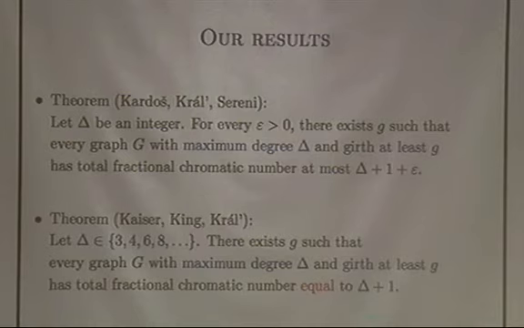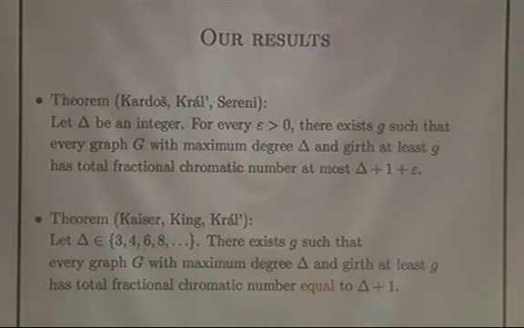We know it cannot be below delta plus 1, but we managed to show that this plus epsilon is in these cases unnecessary. Unfortunately, we're not able to say whether it's necessary for delta equal to 5, 7, 9 and so on. We believe it might not be necessary, but the proof we used to obtain this result doesn't translate to cases where the maximum degree is 5, 7, 9, and so on. So why is this 3 special there? You will see from the proof.